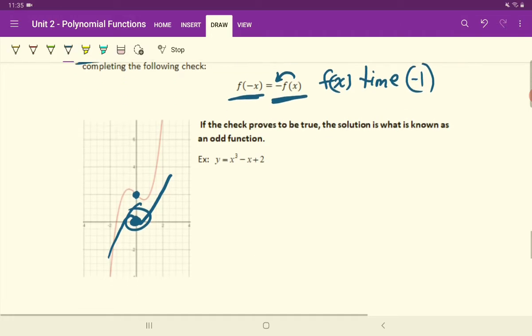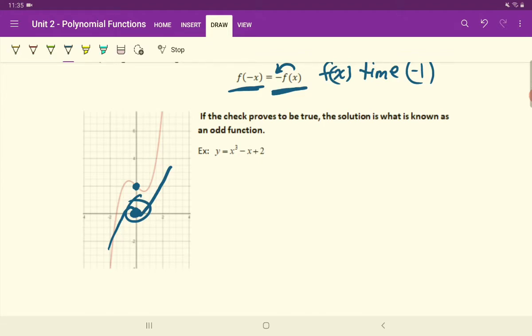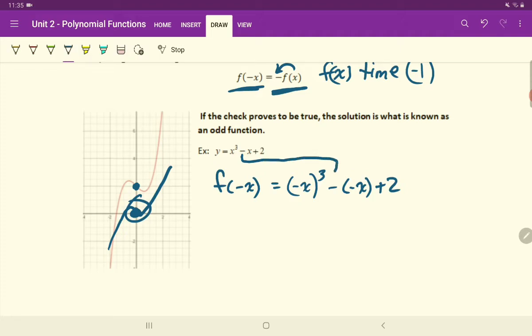Okay, so let's find f of negative x. Take all my x's and replace them with negative x. Notice that the minus sign here, don't get confused there, the minus sign I brought down, and then I still had minus negative x.